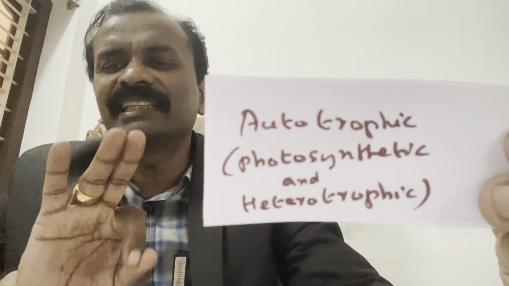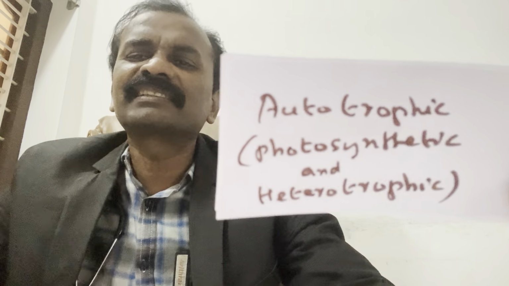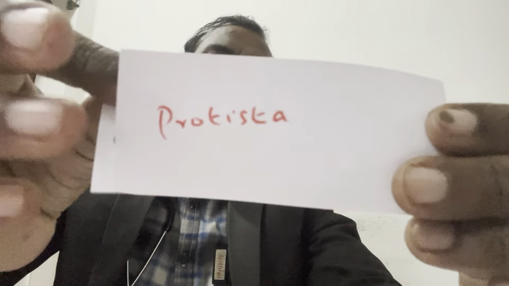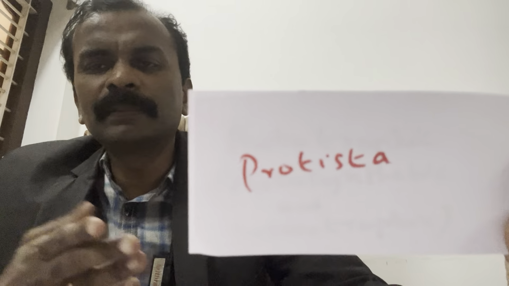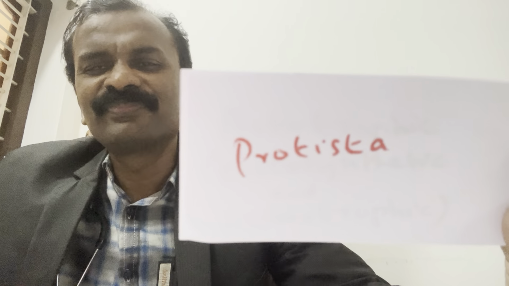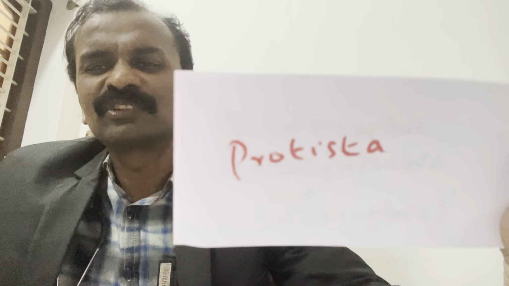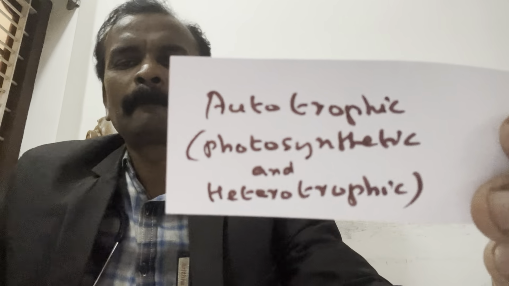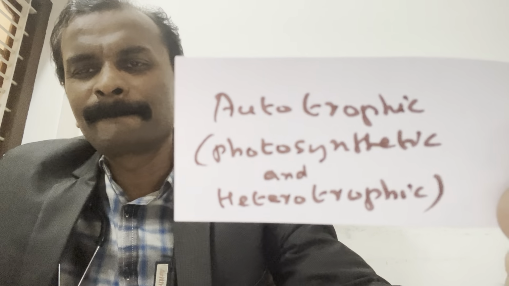They'll keep these three and one more, and they'll ask which is the wrong statement. Autotrophic, photosynthetic, heterotrophic: features of? Can you tell me the question now? Protista. This is how you should prepare NEET.